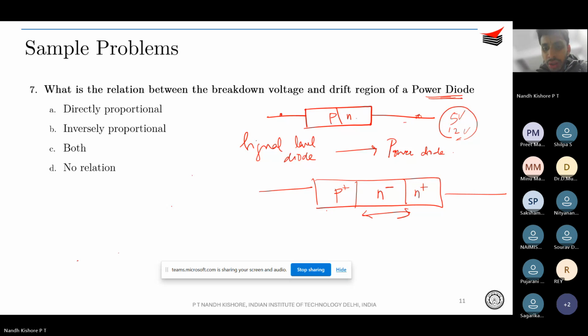Plus means heavily doped and minus means lightly doped. This region over here is what is known as the drift region.